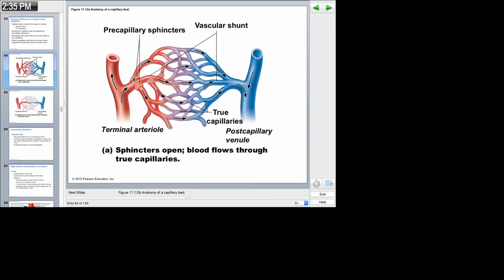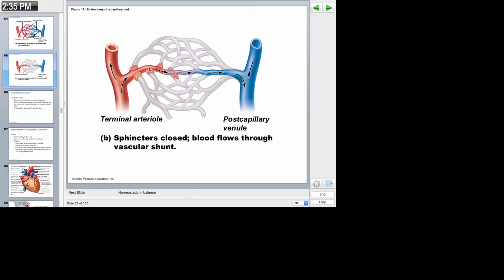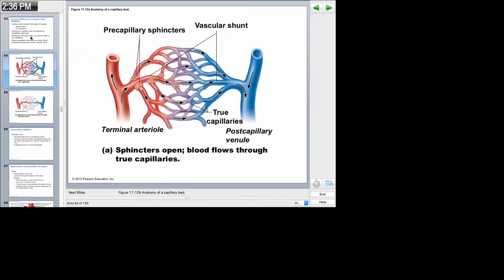When you get stressed, your hands tend to be cold. These sphincters contract and prevent blood flow going into the capillary bed, and so it just passes through the shunt back to the vein and back up to the heart. The reason being is it's diverting all of the blood it can to your muscles and to your brain to get out of danger.